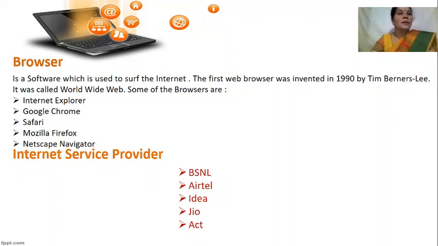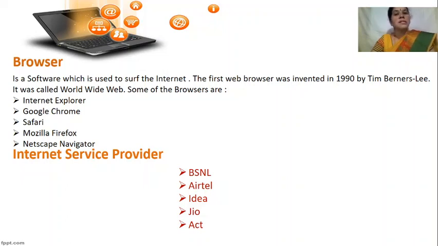In your systems, by default, you can see Internet Explorer. That Internet Explorer icon is a browser. By default, each and every system will have Internet Explorer as a browser.